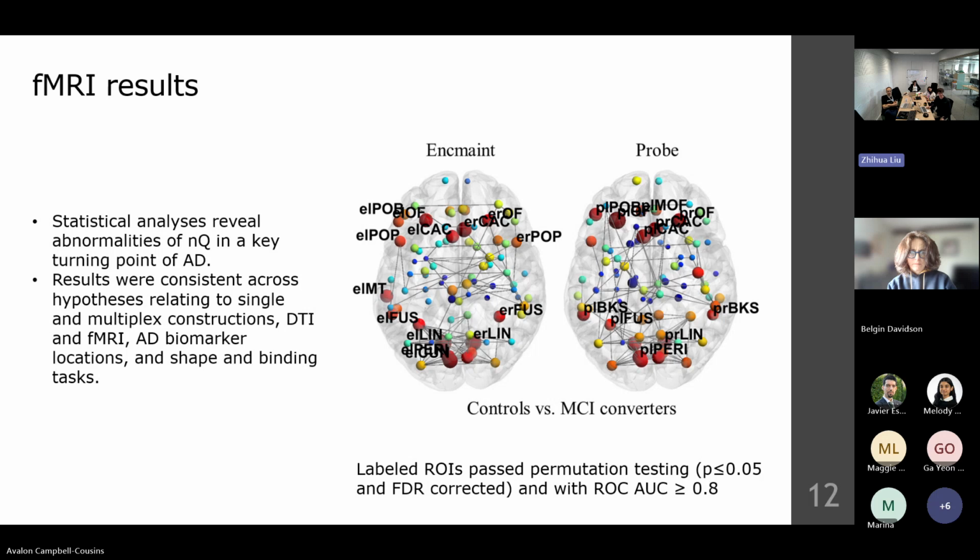And due to time, I have to just rush through the DTI results. But what was encouraging too is that we saw that our hypotheses related to multiplex modeling giving us deeper insight into the higher order interactions was the case.